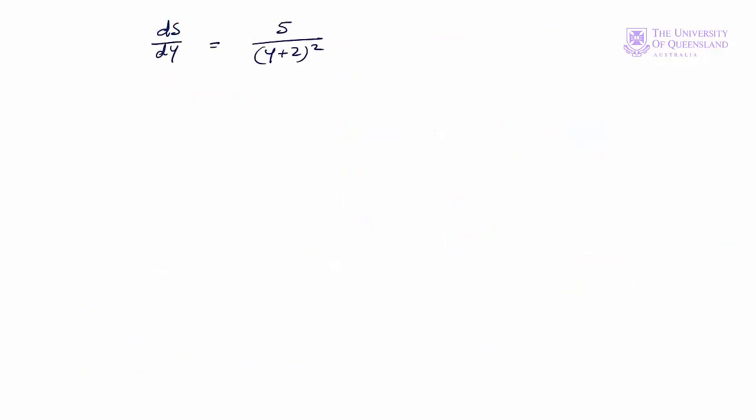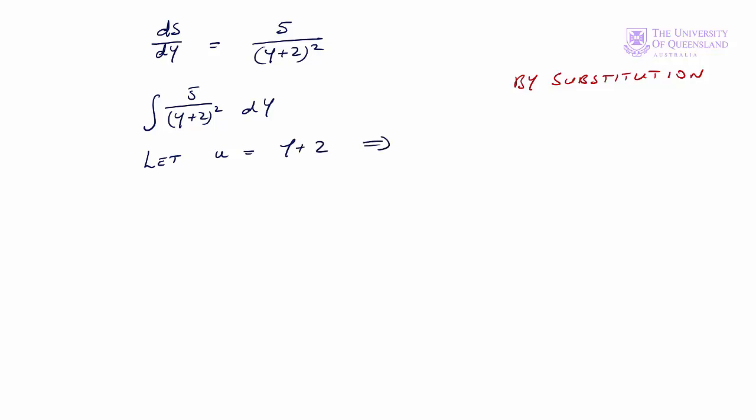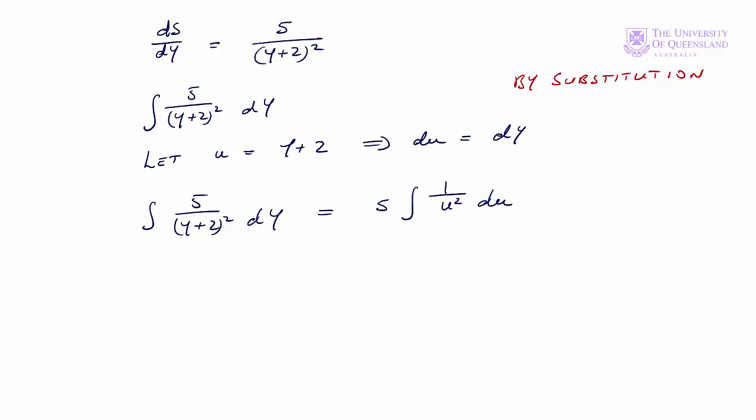We'll apply integration by substitution, where after the integral of 5 on y plus 2 squared dy, let u equal y plus 2. That implies du is equal to dy. So the integral of 5 over y plus 2 squared dy is equivalent to taking the constant outside the integral, 5 times the integral of 1 over u squared du.